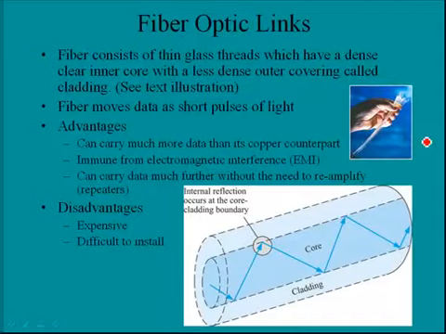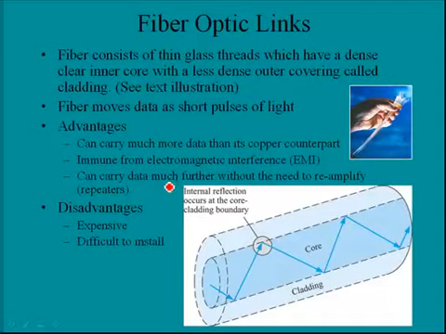And with fiber, that data can move right through those magnetic fields or those high noise areas in terms of voltage, and it will just ignore them. And so light is immune to electromagnetic interference, which is a major advantage of fiber.